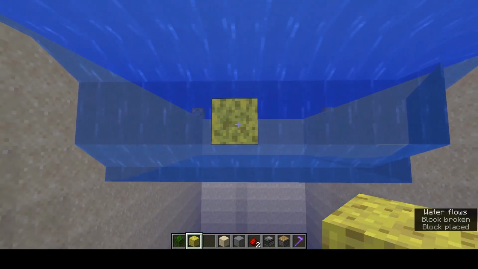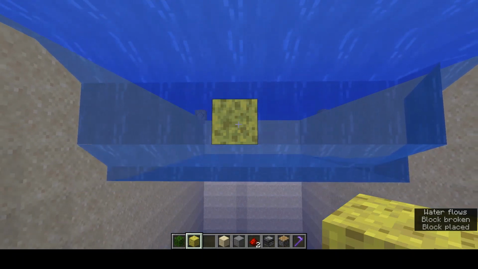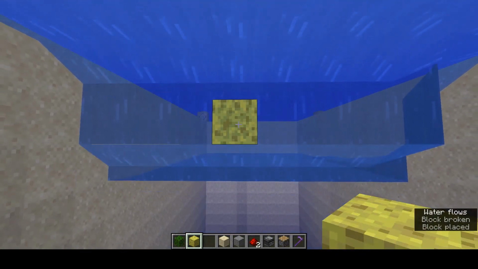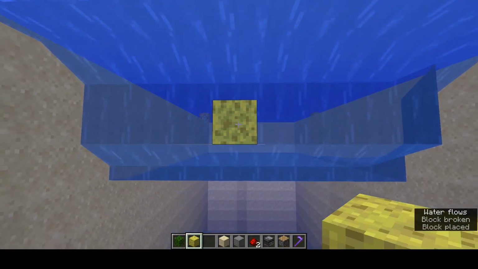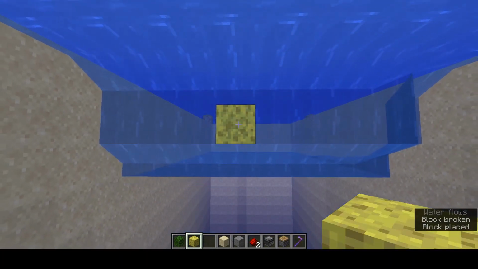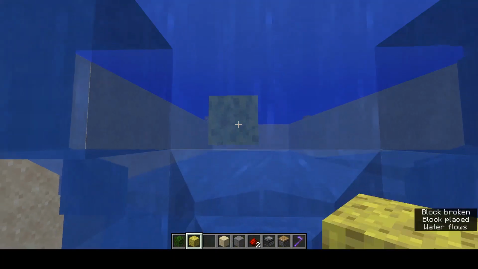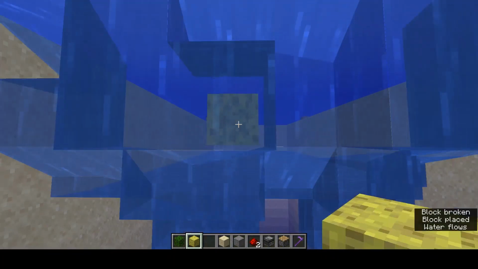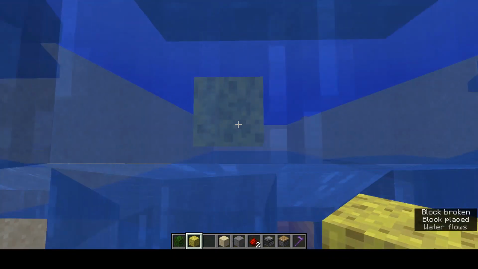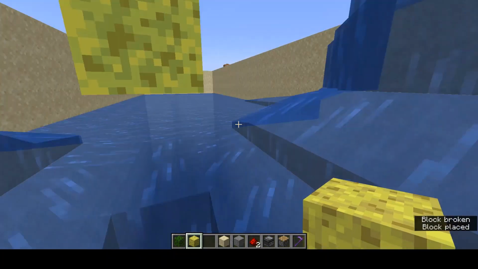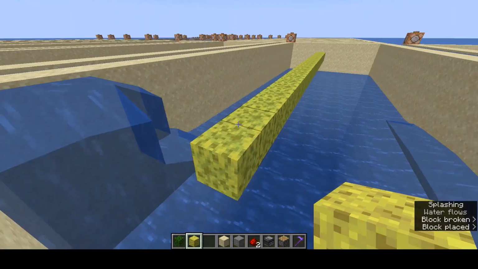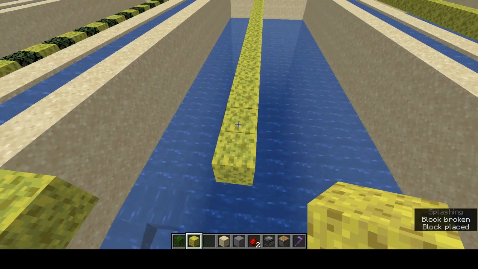So I thought, what about 10? And that's the next one over. I should backtrack a little and say the reason I wait so long for the water to fill back in is because if you don't, it messes up the system.